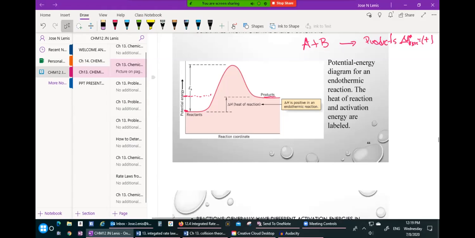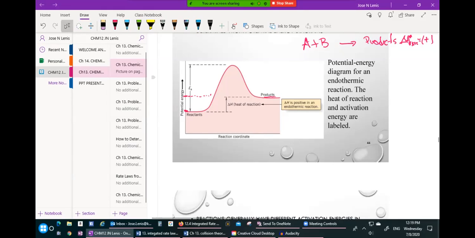Maybe not all collisions are effective because they don't have enough orientation. And nothing is happening here, no reaction. Why not? Because molecules are colliding, yes, but they don't have enough kinetic energy. They collide, but that collision is too weak to start breaking bonds and to start forming bonds.